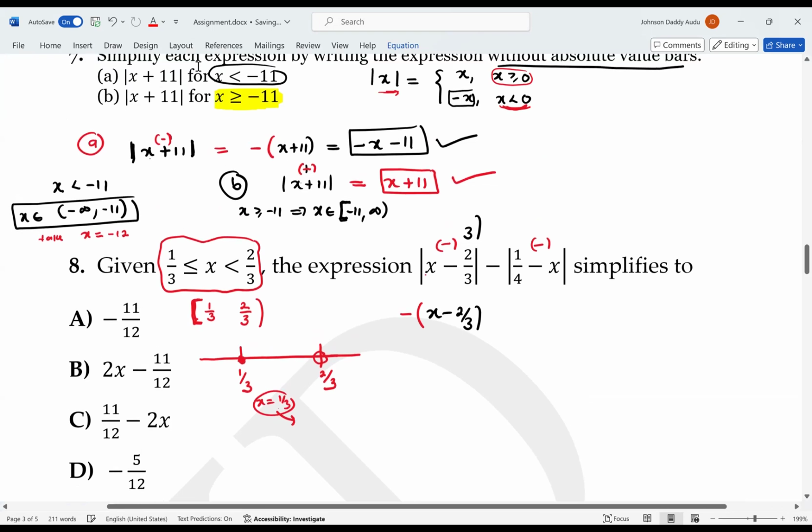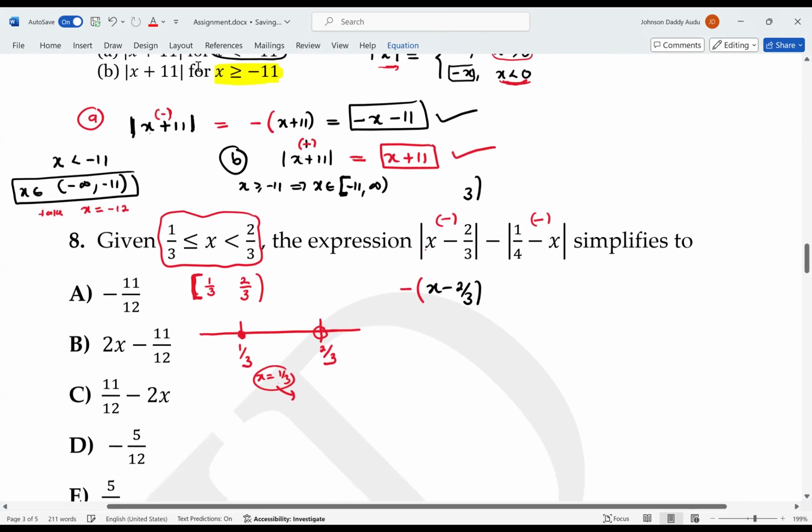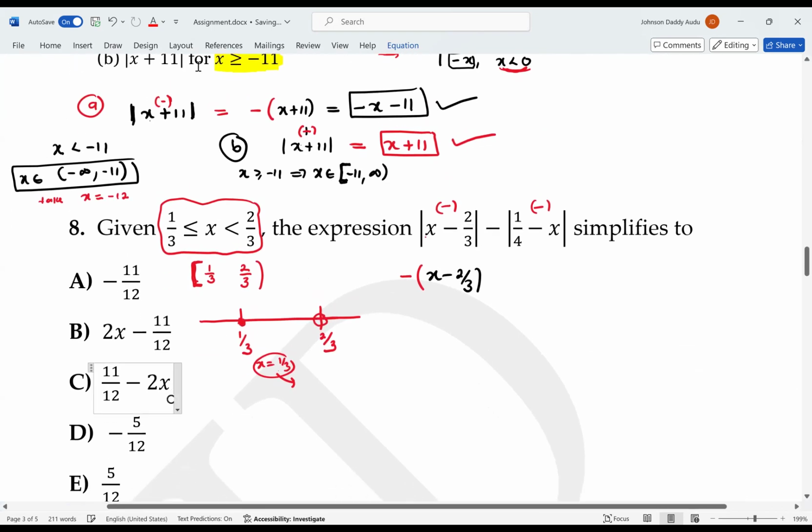Why? Because I'm using the definition of an absolute value. Anytime the content of the absolute value is negative, if I want to remove the absolute value, I have to bring the negative down. Okay? Now, this black negative here is still here, so let me put it here.